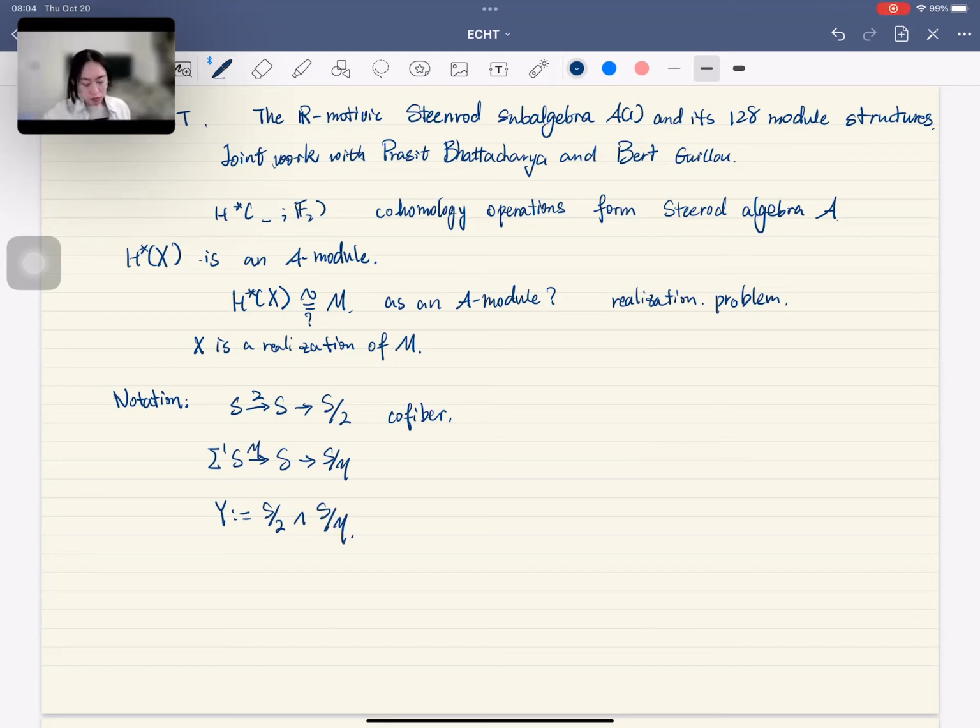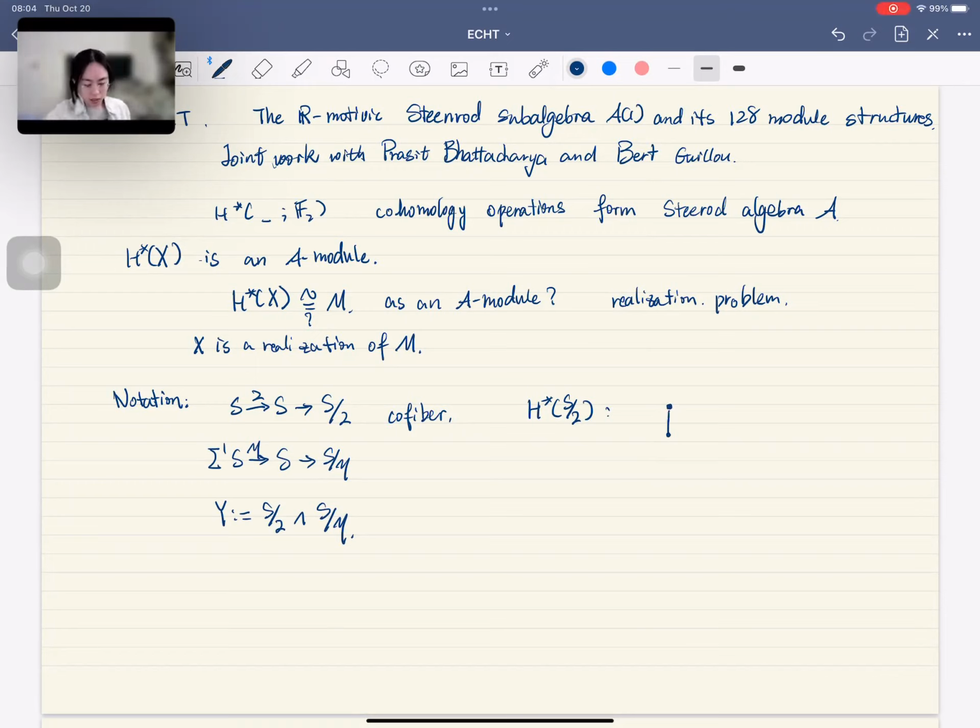If we move to cohomology, we can draw the cell diagram of them. The cohomology of S/2 is going to have two classes, and there is an action from the bottom class hitting the top class.